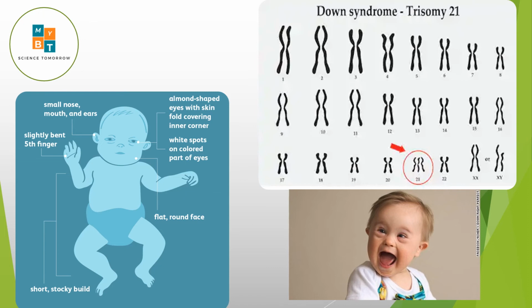There's a developmental delay. The males are sterile, and the female Down syndrome persons will be sexually underdeveloped, and they will have a short lifespan.